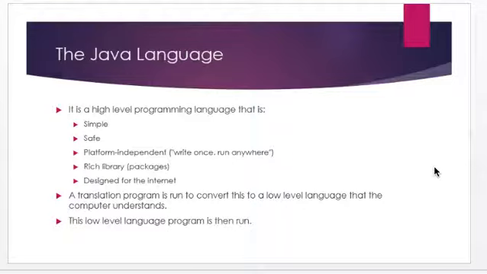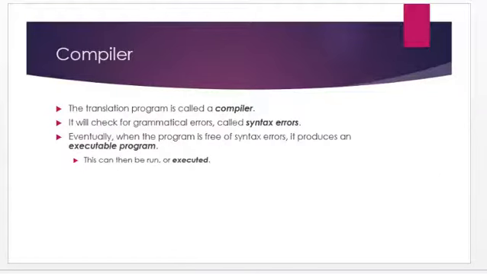So for Java, it needs to be translated into the low level programming language. And the thing responsible for translating a Java program is called the compiler. So the compiler basically is just to take your codes and translate this into what the computer understands. In the process of compiling it, it checks, okay, are there any syntax errors?